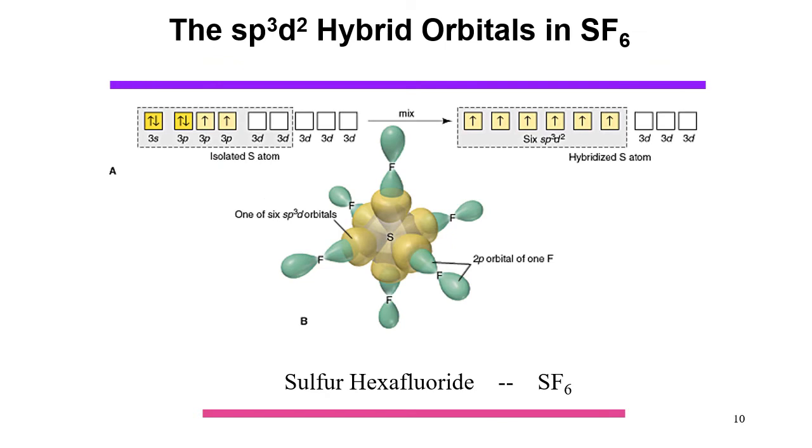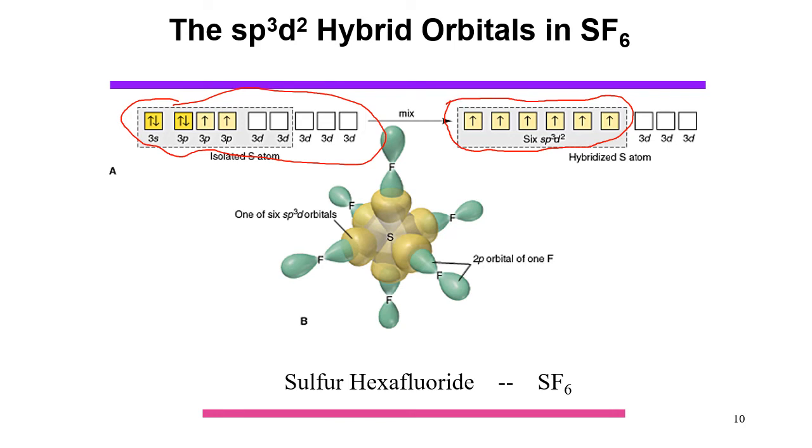Same goes with sp3d2 hybridization in sulfur hexafluoride. The ground state of sulfur is transformed to hybrid sp3d2 from 3s, 3p and 3d. So this is the ground state, and then this is the hybridized state. So this is actually 6 sp3d2. Why 6?